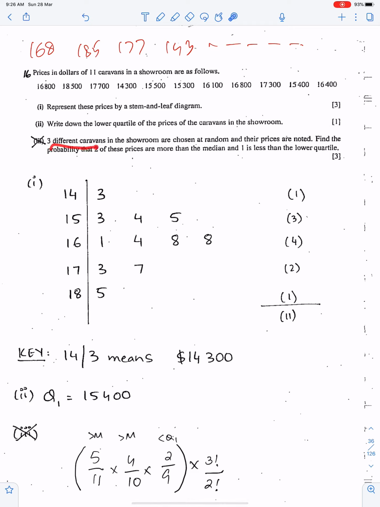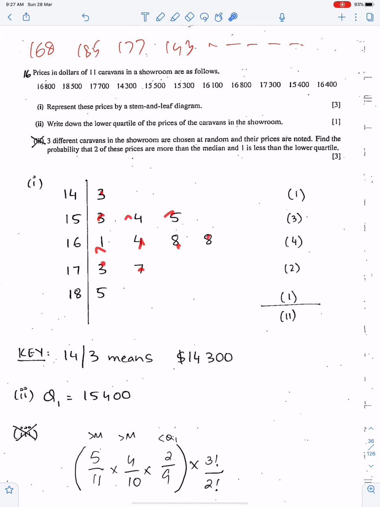Probability. 3 different caravans in the showroom are chosen at random and their prices are noted. Find the probability that 2 of these prices are more than the median and 1 is less than the lower quartile. This is so simple. Lower quartile is this. So below this we have 2 observations, I guess, this and this. And median, this is 11, so 6th observation would be median. 1, 2, 3, 4, 5, 6.